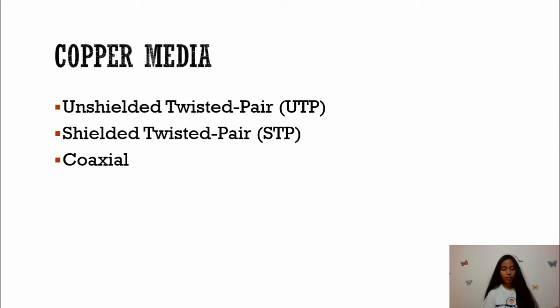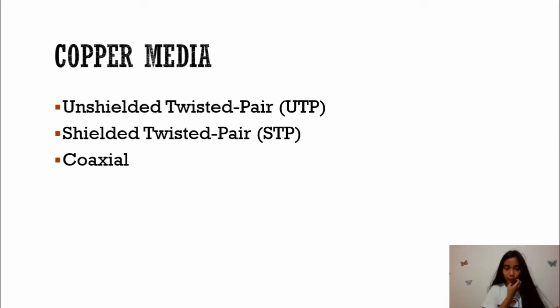So the last one, we have the coaxial cable. The coaxial cable, or coax for short, gets its name from the fact that there are two conductors that share the same axis.